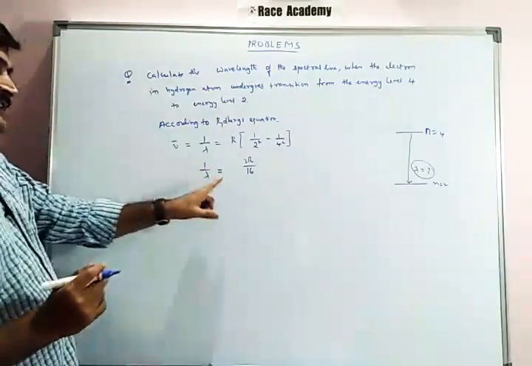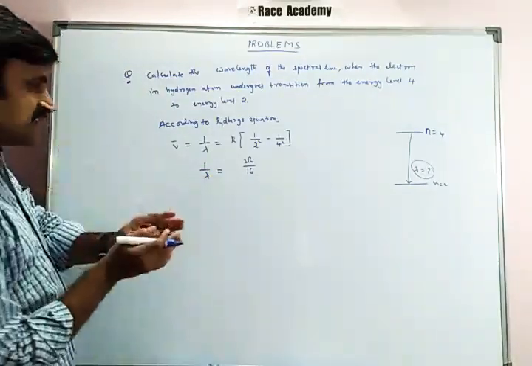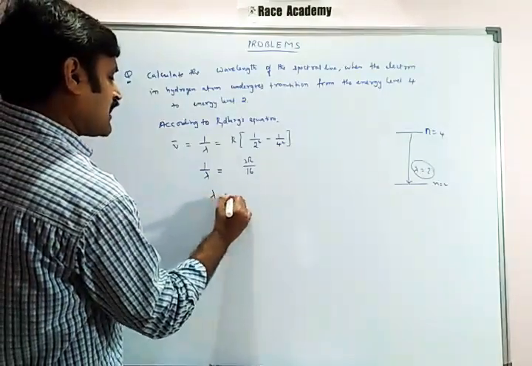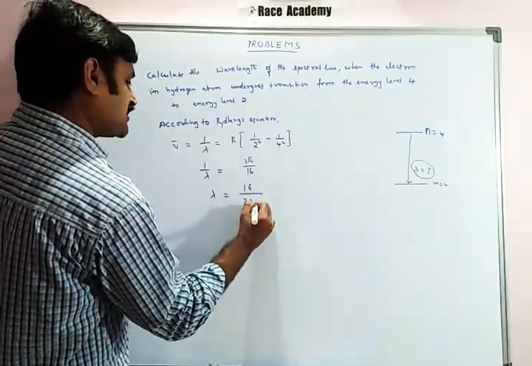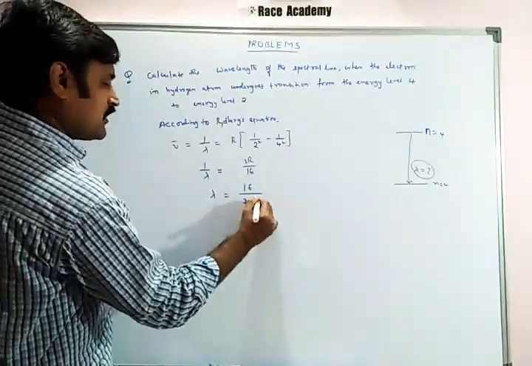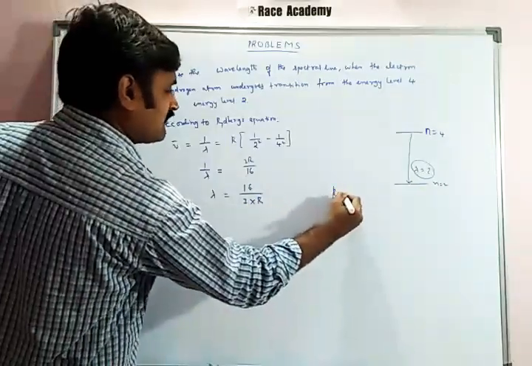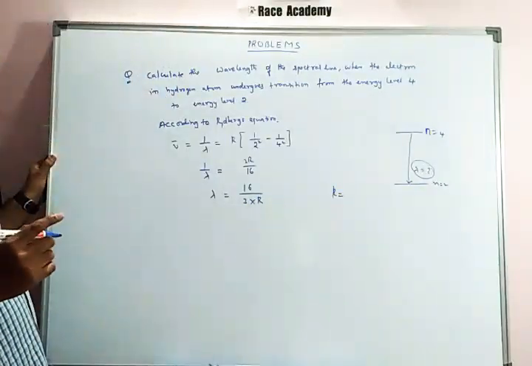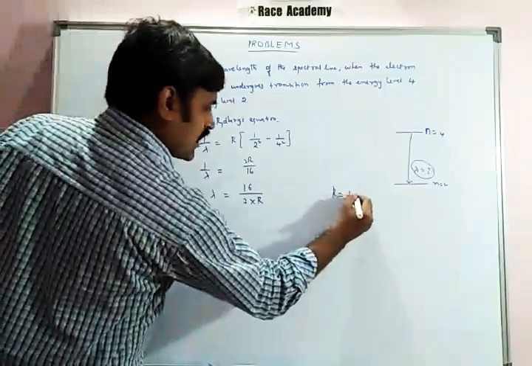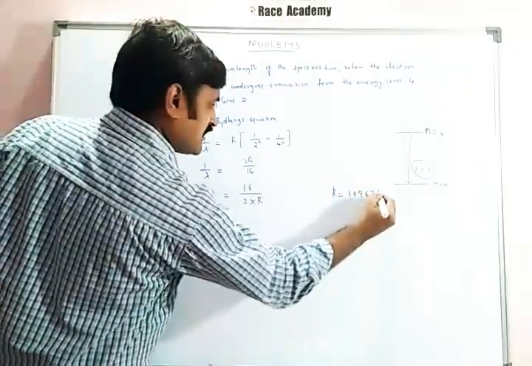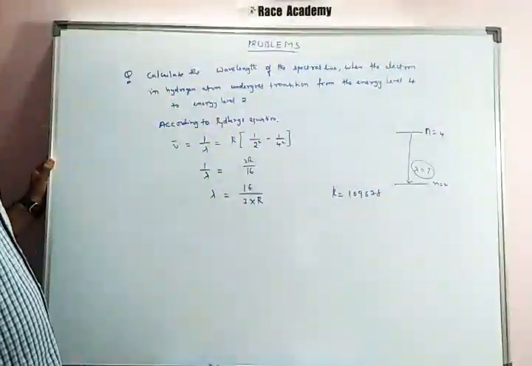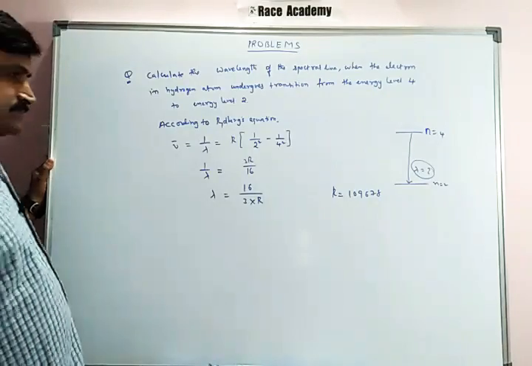That's what we discussed in the last session also. From this we can find lambda. Lambda is 16 by 3R, and we know the R value: 109,678 centimeter inverse.